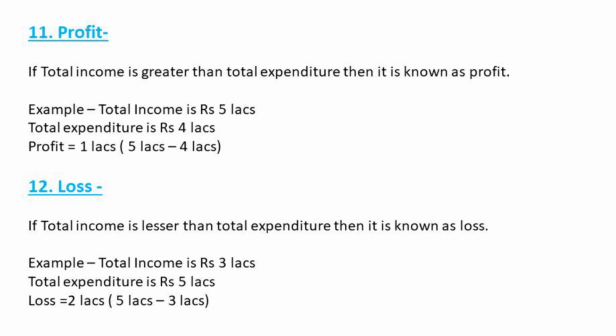Next terminology is loss. If the total income is lesser than the total expenditure, we call that number as a loss. Let's say, for example, total income is 3 lakh and total expenditure is 5 lakh. So the differential amount of 2 lakhs is what we refer to as loss.